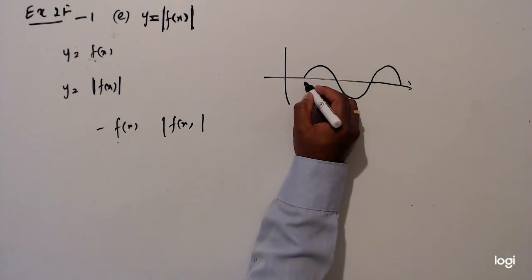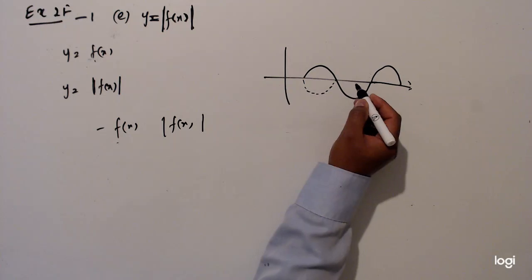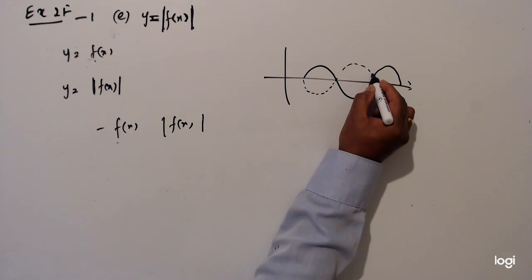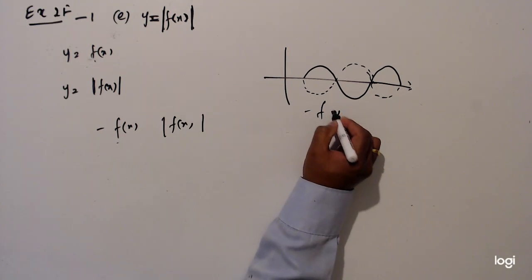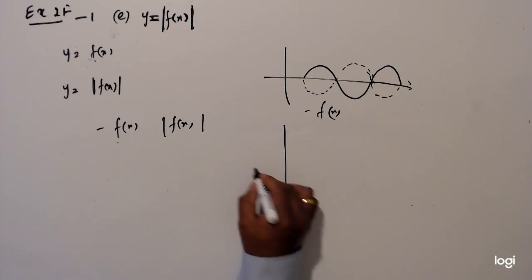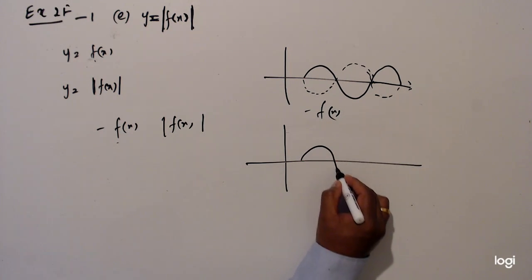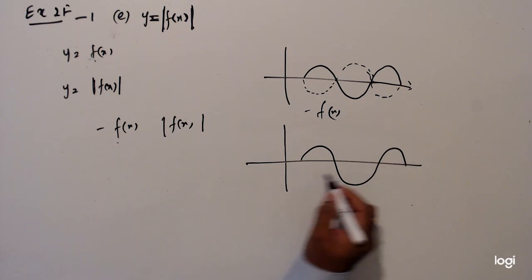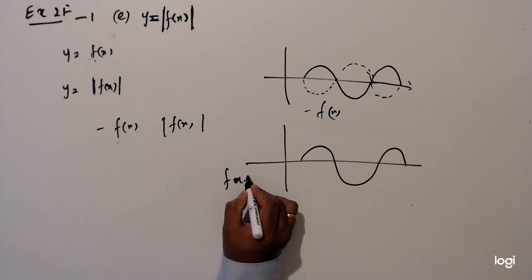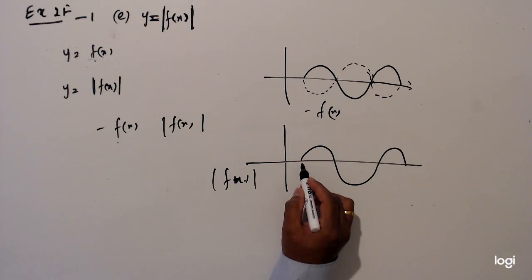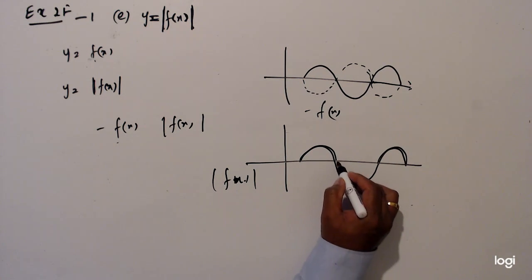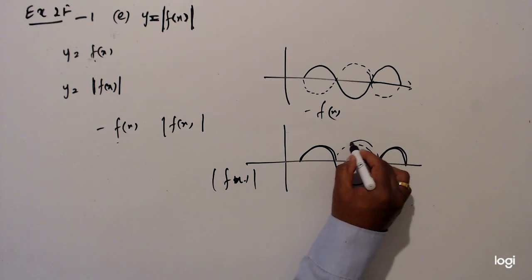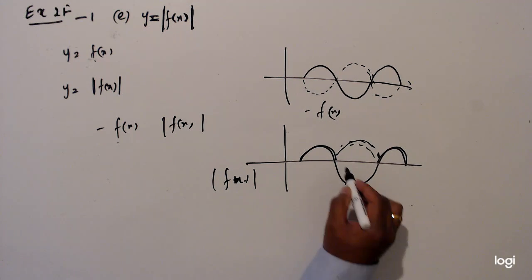So this part becomes here, and this part becomes here, and this part becomes here. So this is minus f(x). But if it is mod f(x), the whole top part stays the same, and only this part is the mirror reflection.